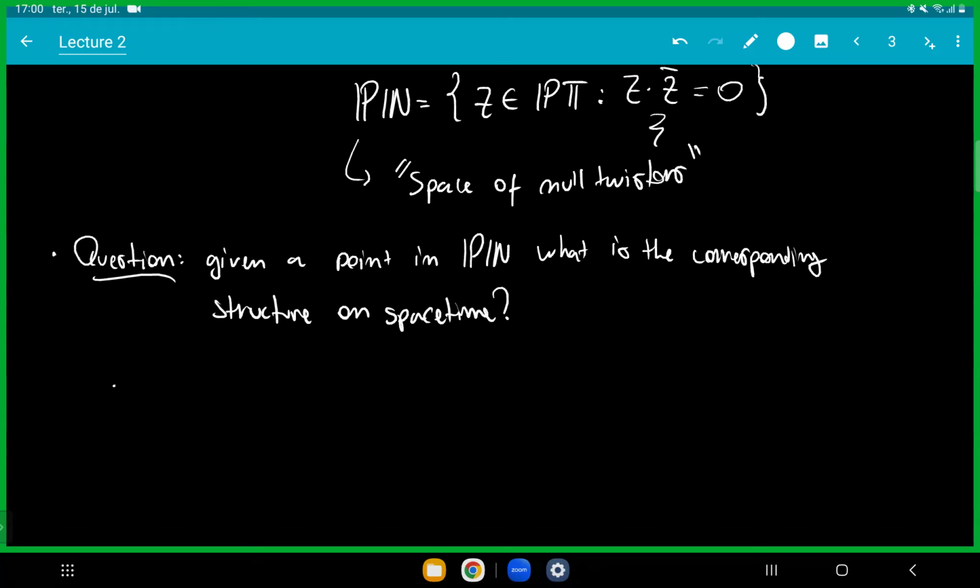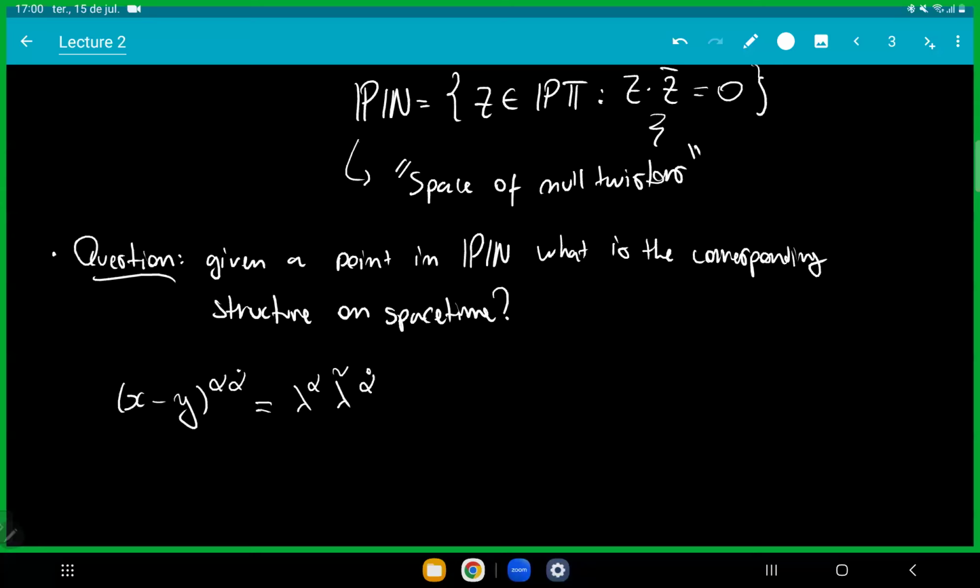So what I wrote down is that we had this relationship: the difference between two points in space-time had to correspond to some sort of plane in twistor space.